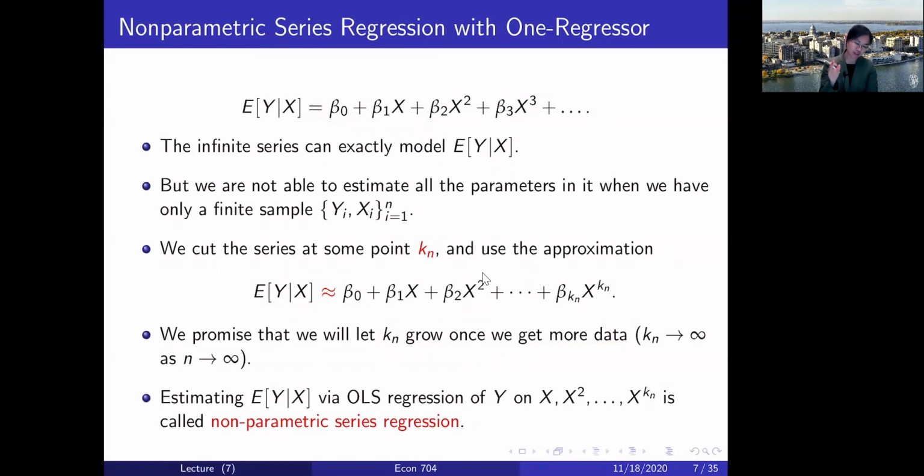That is, we are not assuming any parametric form for the conditional mean, but instead we use a generic series expansion and promise that we're going to use longer and longer series expansions as we get more data. So that's the basic idea of non-parametric series regression.